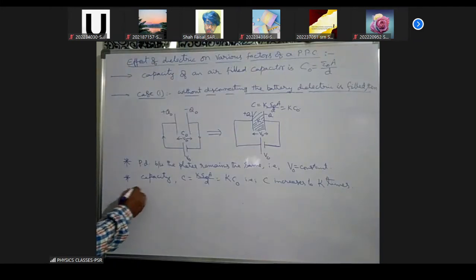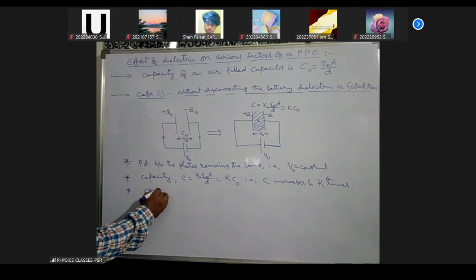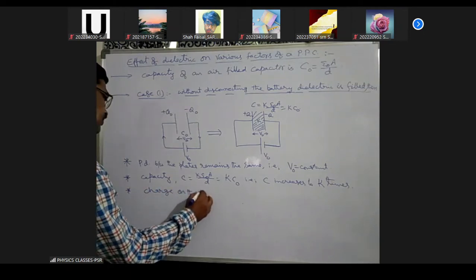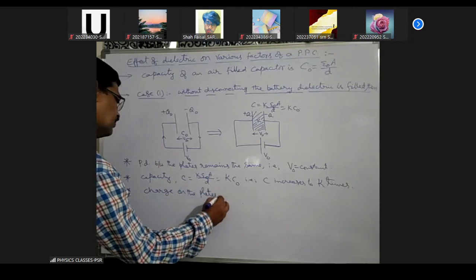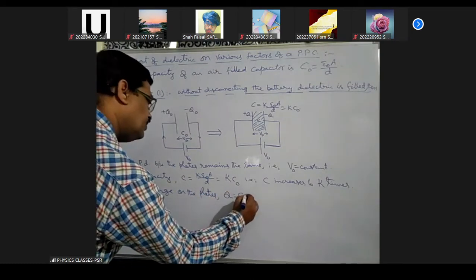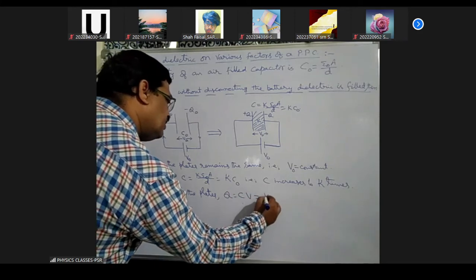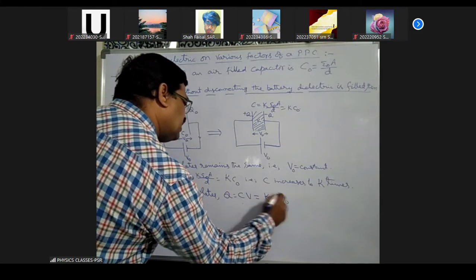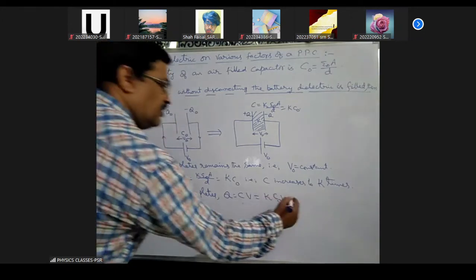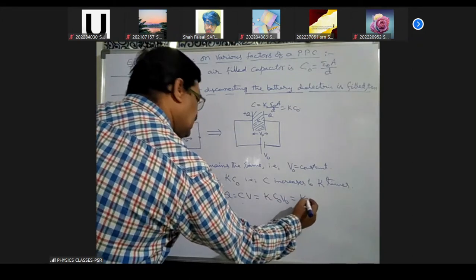Next, charge on the plates. Q is equal to C V, which is K C naught V naught. This can be written as K Q naught.